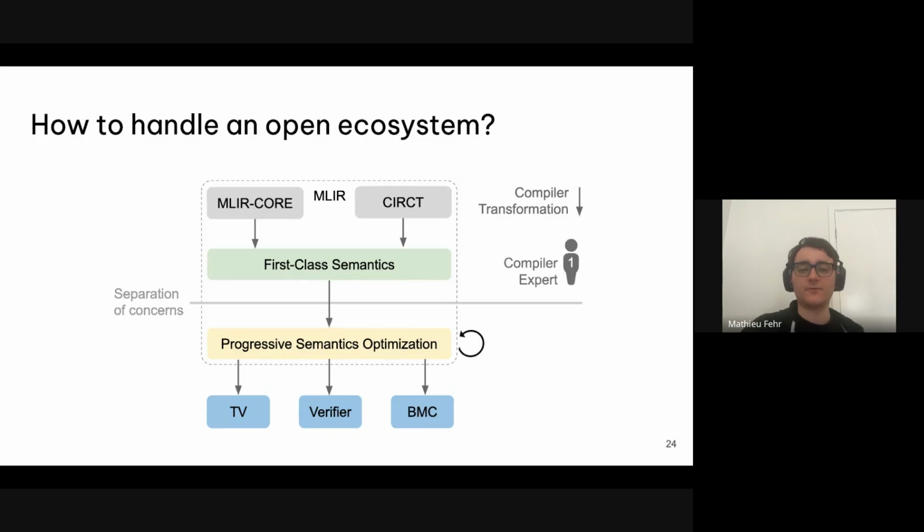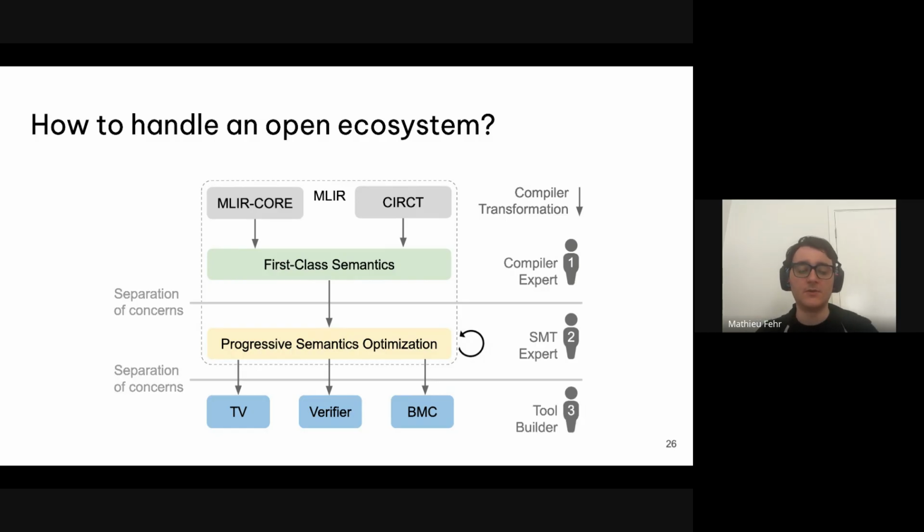And one of the main goals of having semantics in the compiler here is that we can have three kinds of experts with a separation of concern. While before in Alive, you needed someone able to understand the LLVM compiler, understand SMT, because of all this optimization, and build a tool around it. Here we can have three experts: one person taking care of saying what is the semantic of my compiler, so what do we compile, let's say, an arith add to?